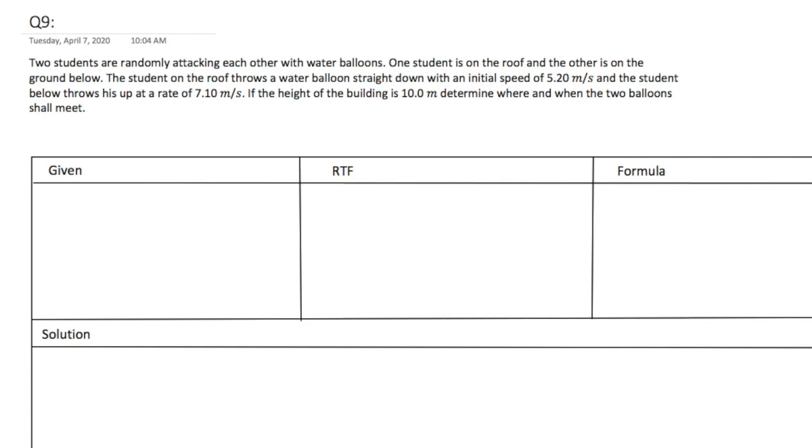So our first water balloon, which I will call A, has an initial speed of 5 meters per second down, and the student below throws his up at 7.1 meters per second. If the height of the building is 10 meters, determine where and when the 2 balloons shall meet.